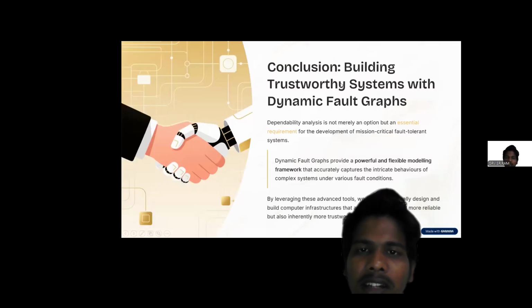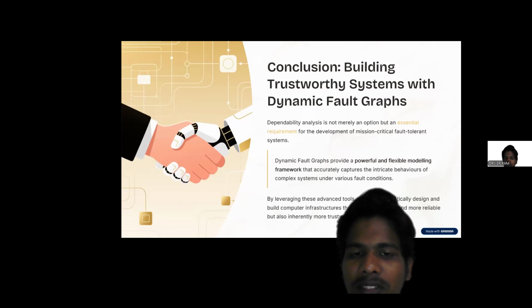Conclusion. Building trustworthy systems with dynamic fault graphs. Dependability analysis is not merely an option, but an essential requirement for the development of mission critical fault tolerant systems. Dynamic fault graphs provide a powerful and flexible modeling framework that accurately captures the intricate behaviors of complex systems under various fault conditions.